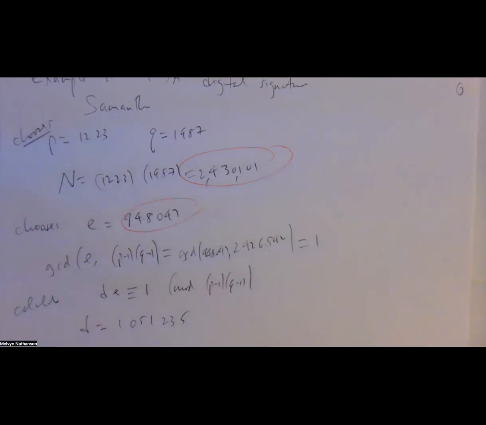So the integer remainder, IREM, of this number, DE minus 1, when divided by P minus 1 times Q minus 1. Professor, we cannot see that. Oh, I'm sorry. Let me share the screen with this. Thank you.